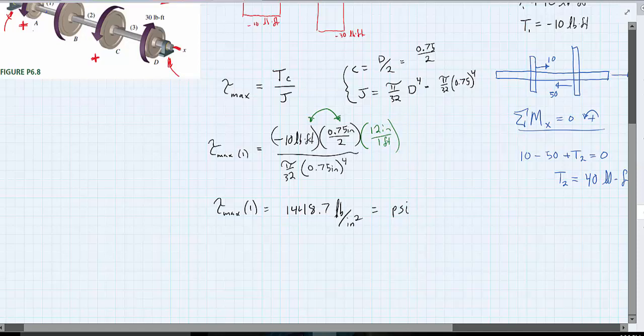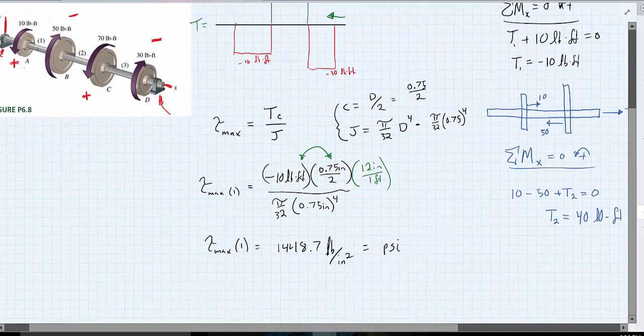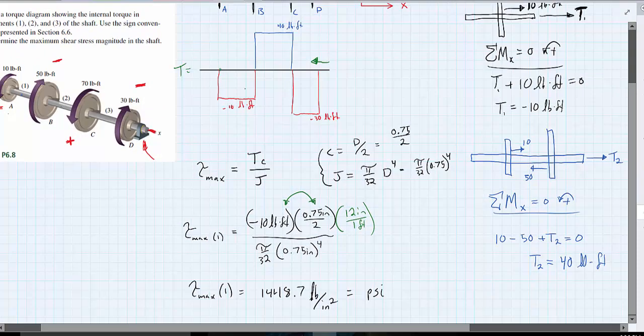If you do the same process but use the different torque, right? For member 1 right here, we used the 10 foot-pounds. So for member 2, we're going to use 40 foot-pounds, and for member 3, we're going to use negative 30 foot-pounds.